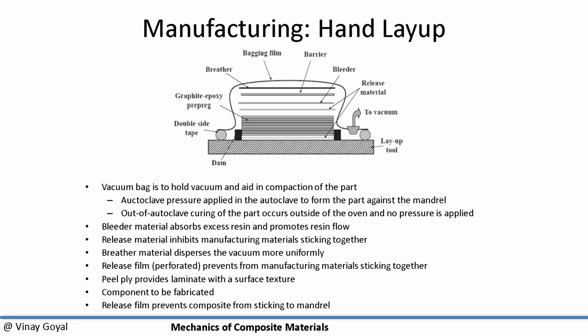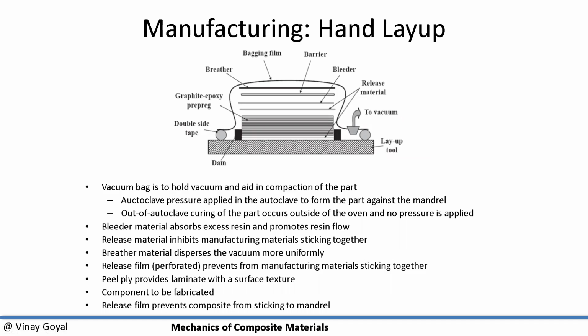In general, we need some release material. We need a tooling where we can stack the composite against. We need a dam that prevents the resin from flowing out uncontrollably. And then we have the breather materials to cause the vacuum to disperse more uniformly. We talked about the bleeder material to absorb any excess resin and promote resin flow.